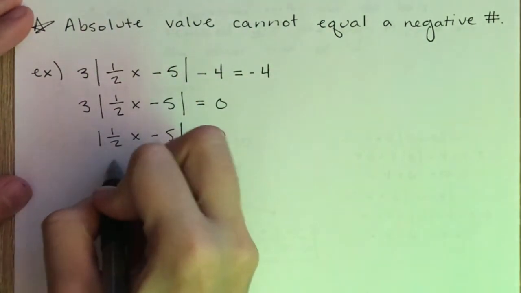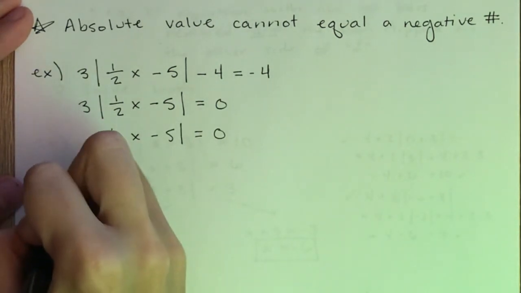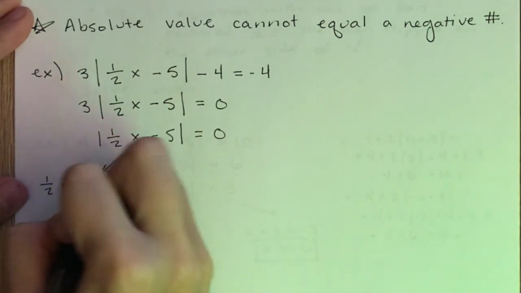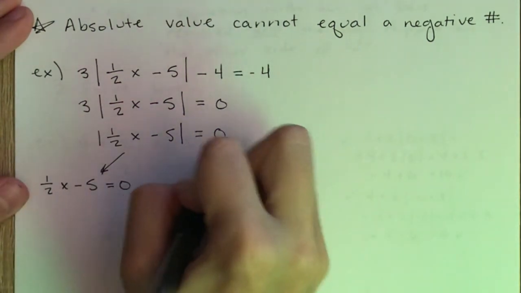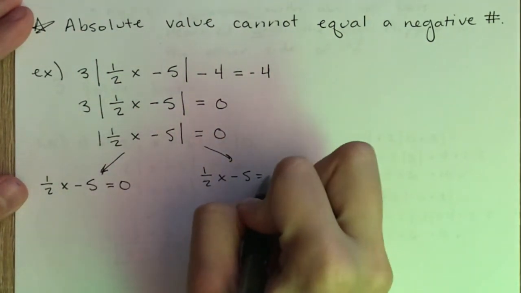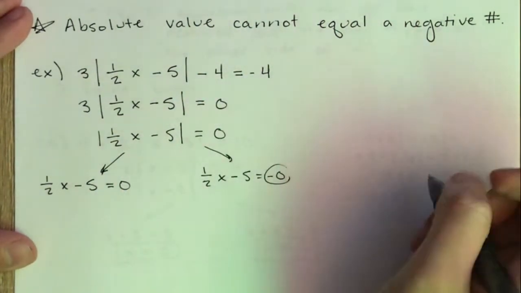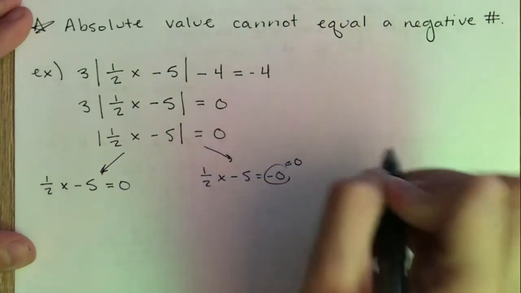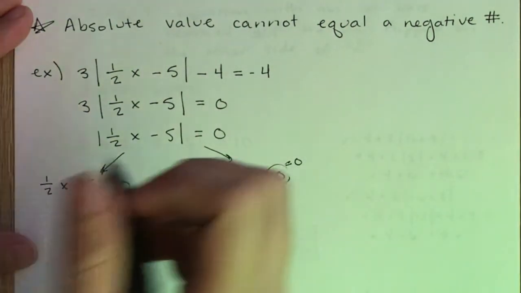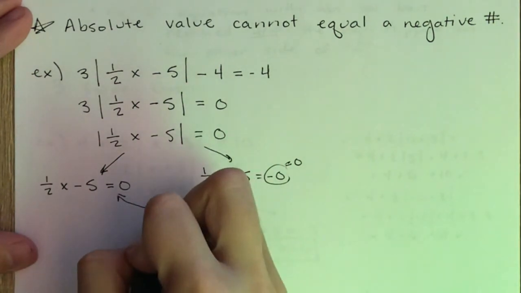Okay, let's split. So we've got 1/2 x minus 5 equals 0, and we've got 1/2 x minus 5 equals -0, but -0 is just 0. So these are actually the same equation.